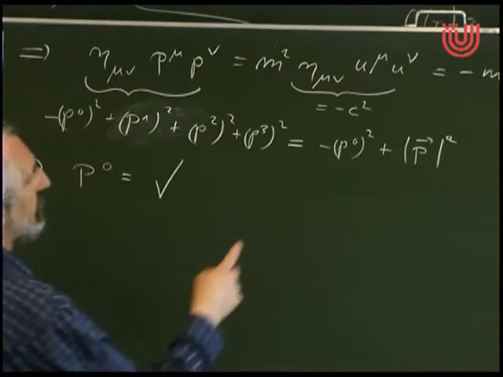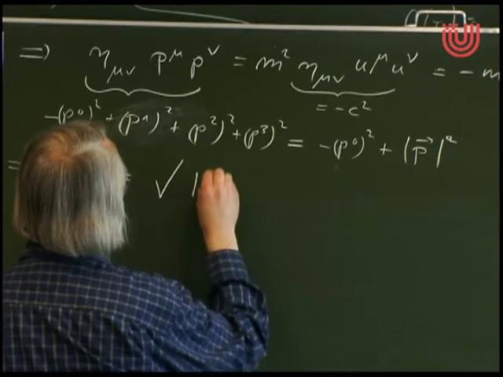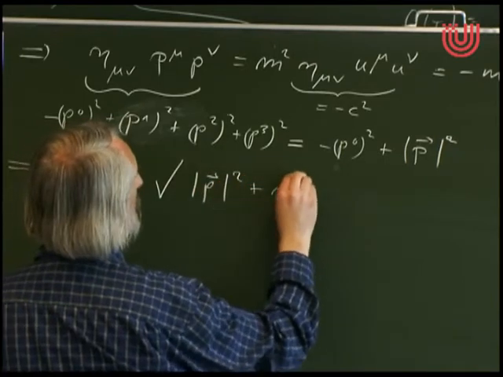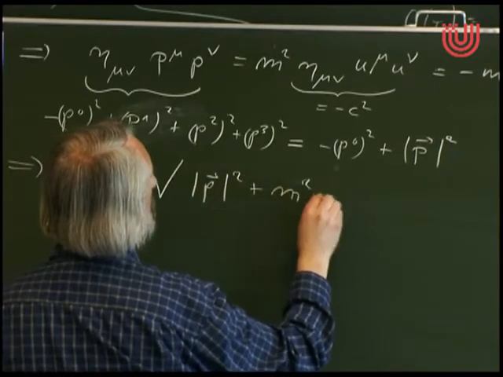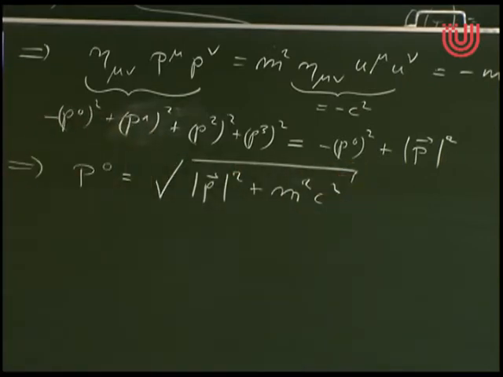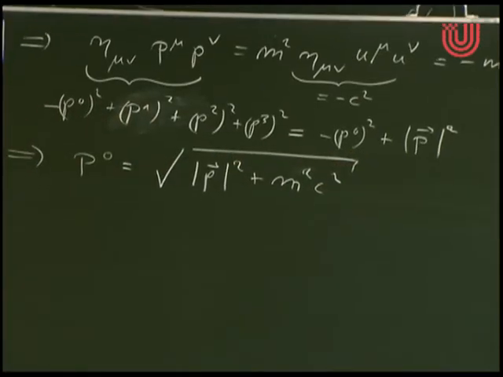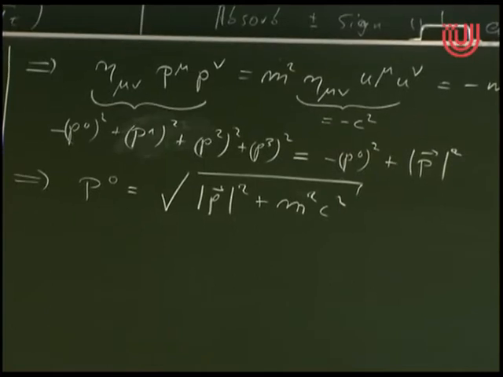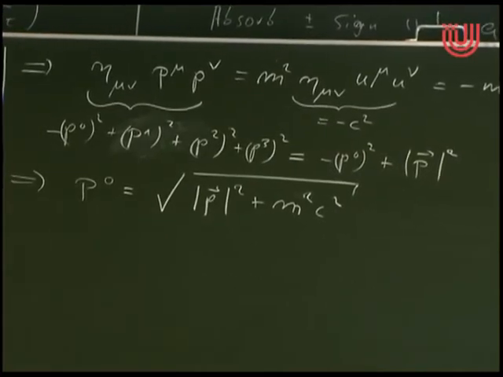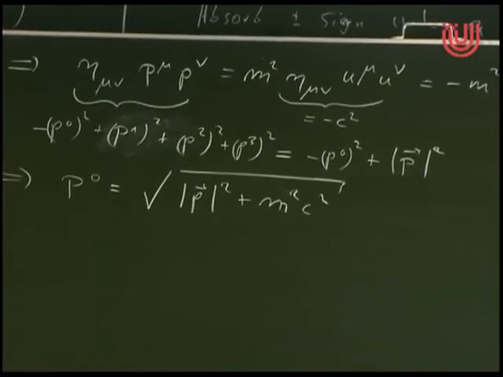And then I have the plus sign, p squared plus m squared c squared. Okay? So that's the way in which we express the time component in terms of the spatial component. So the spatial components fix everything.